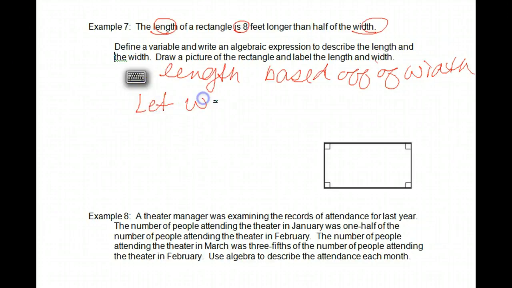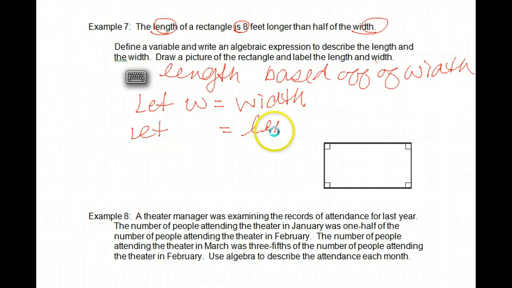So we're going to let W equal the width, and then we can go back to figure out what we will let the length be represented by. So it says that the length is 8 longer than half of the width.